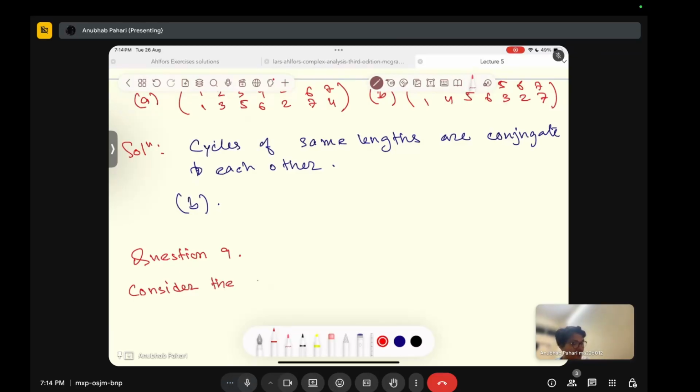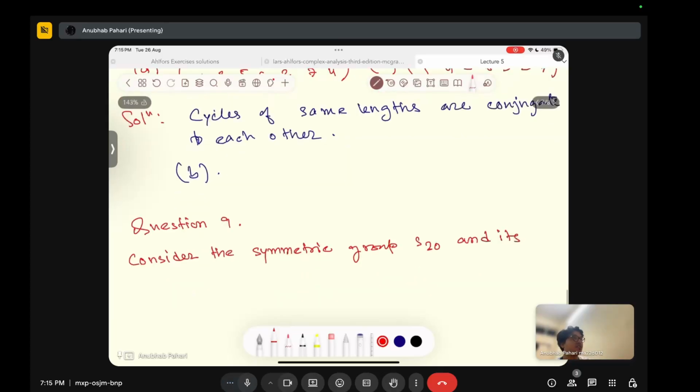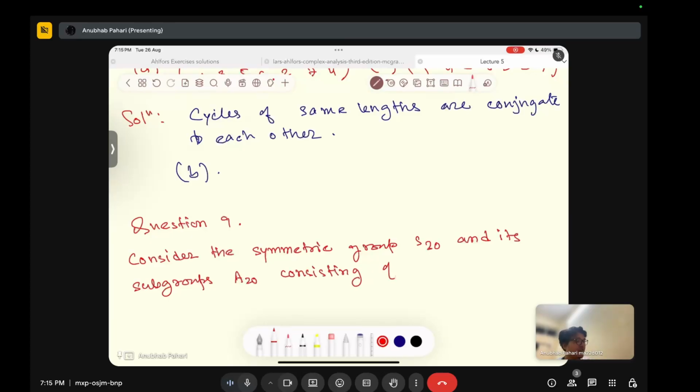Consider the symmetric group S20 and its subgroup A20, consisting of all even permutations.